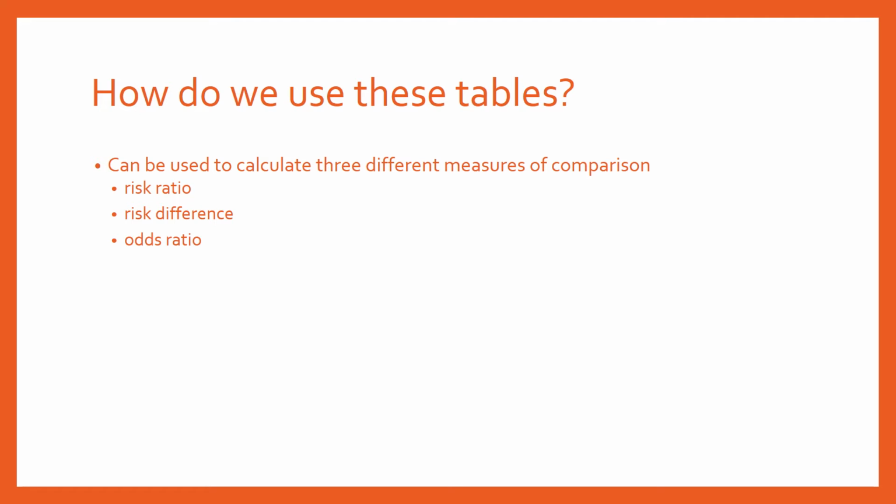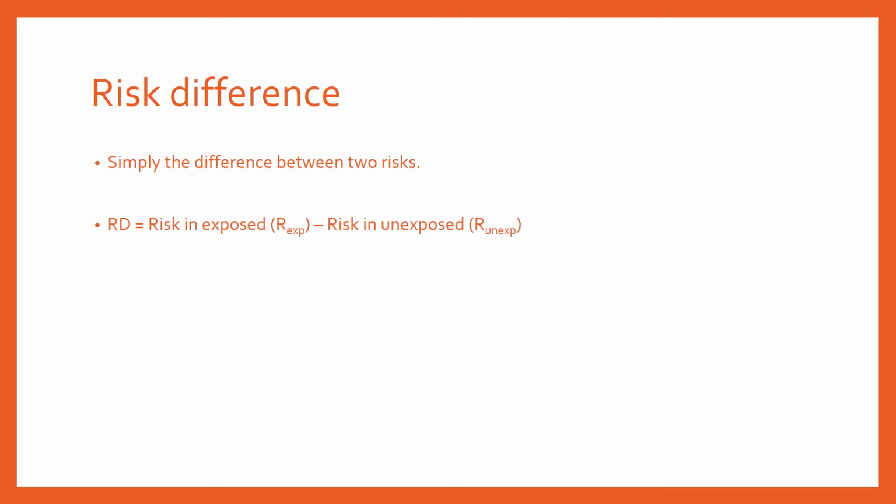So again, remember, we're going to be calculating 3 different measures of comparison. Comparison is what we're interested in epidemiology. So we're going to talk today about risk ratios, risk differences, and odds ratios. So let's start with risk difference. This is really the most simplistic. It's just a difference between 2 risks. So I'm going to abbreviate it RD, and it is the risk in the exposed group minus the risk in the unexposed group.